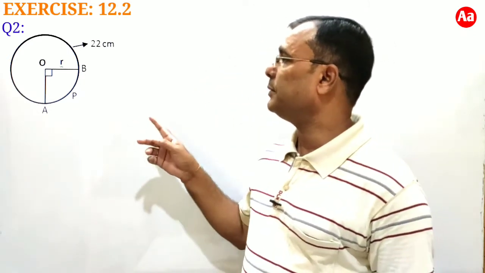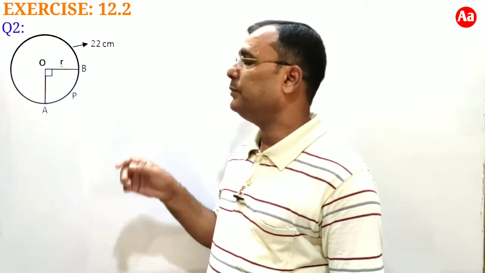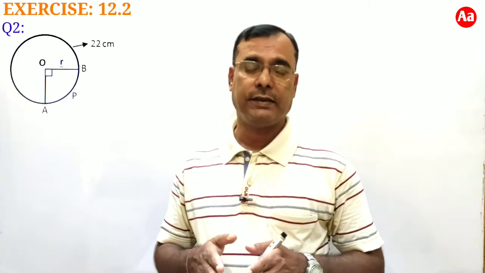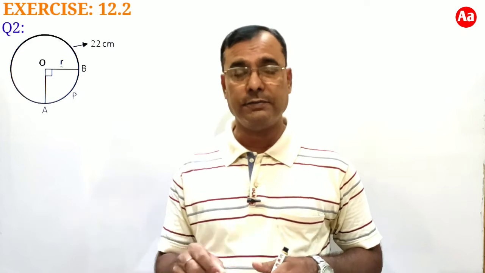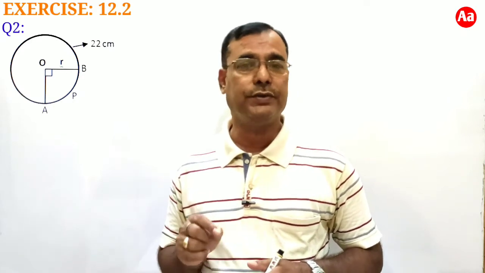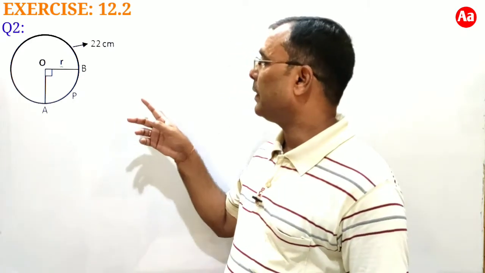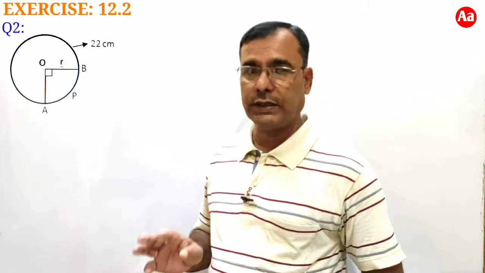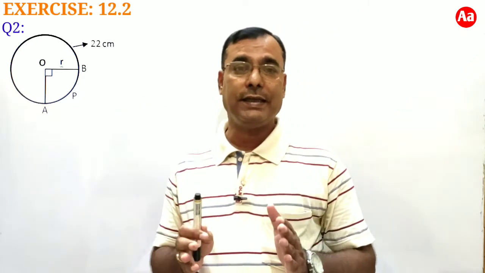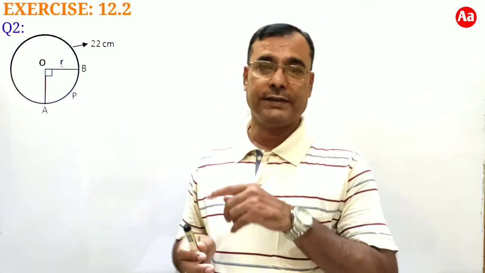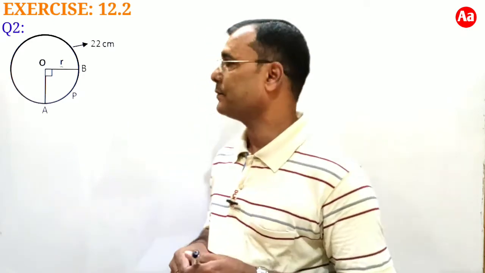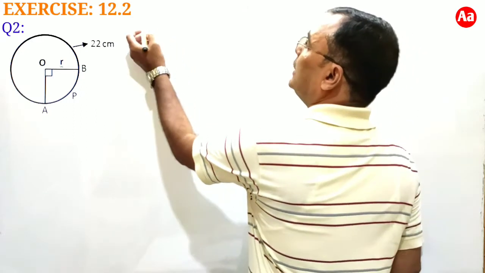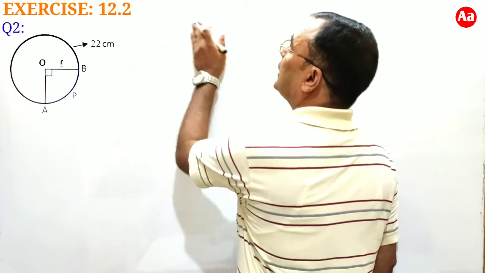So here in this figure, OAPB is the quadrant of a circle whose radius is not known, but circumference is given 22 centimeter, and OAPB is a quadrant, so it is like a sector of the circle with sector angle 90 degrees.